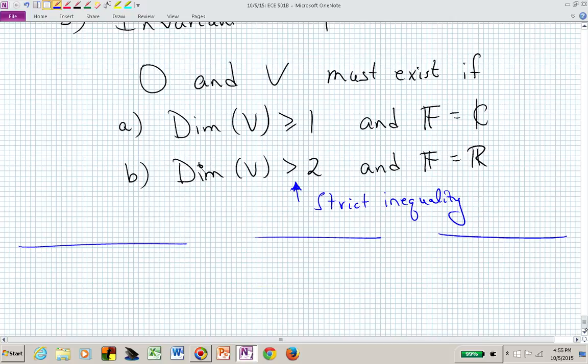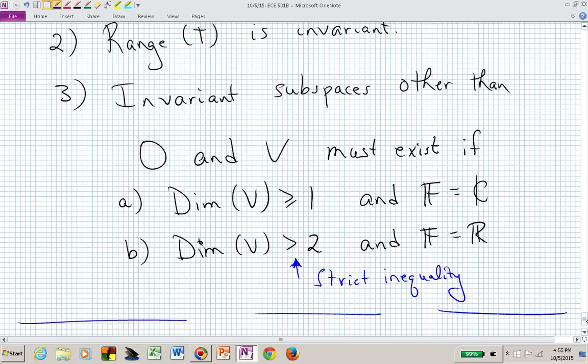Let's now start talking about this second one, 3B. Notice it's not 2B, this is 3B. When we're dealing with a field of real numbers, if we want an invariant subspace guaranteed to exist, then we have to have our vector space being bigger than 2.